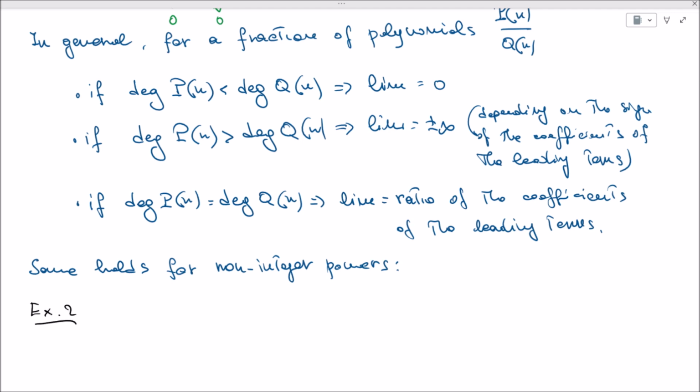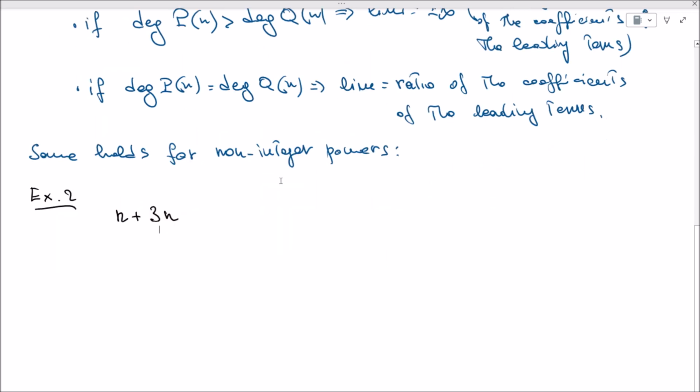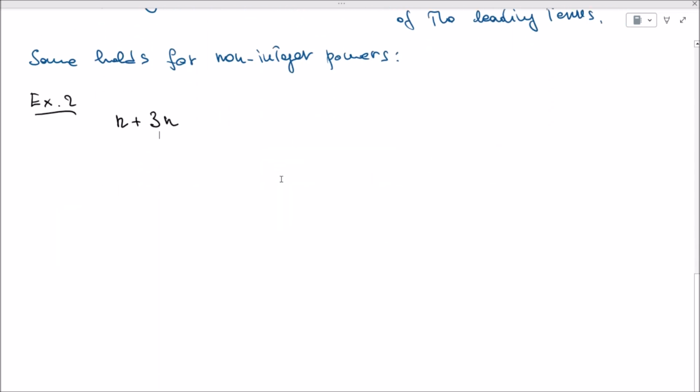Let's consider n plus 3n square root of n plus 4 divided by 2n minus 4n cube root of n plus 7.